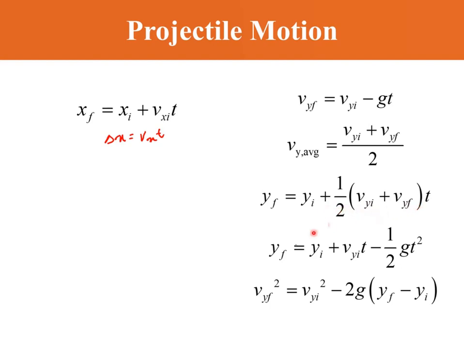Sometimes we can use this equation, but the first one and the last two are quite often used: delta y equals v initial y t minus half g t squared, and v final squared equals v initial squared minus 2g delta y. These will be the equations that we use in projectile motion.